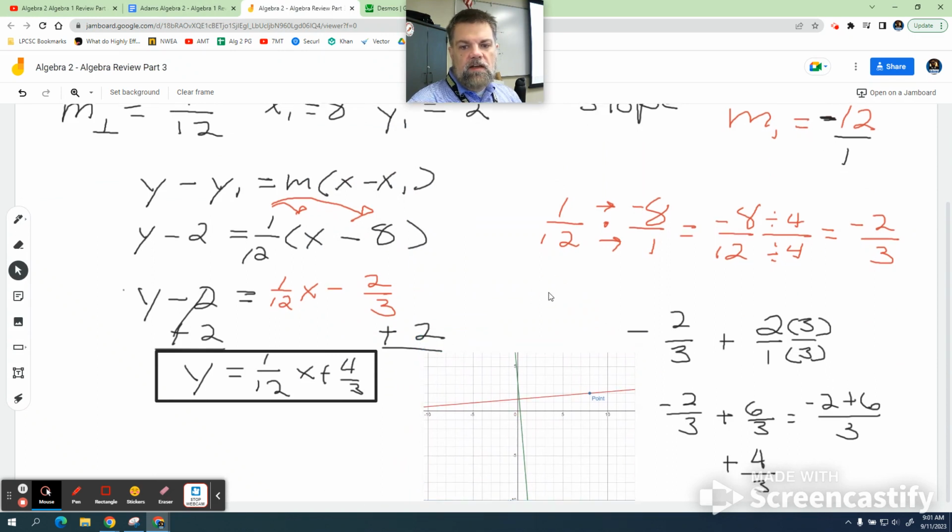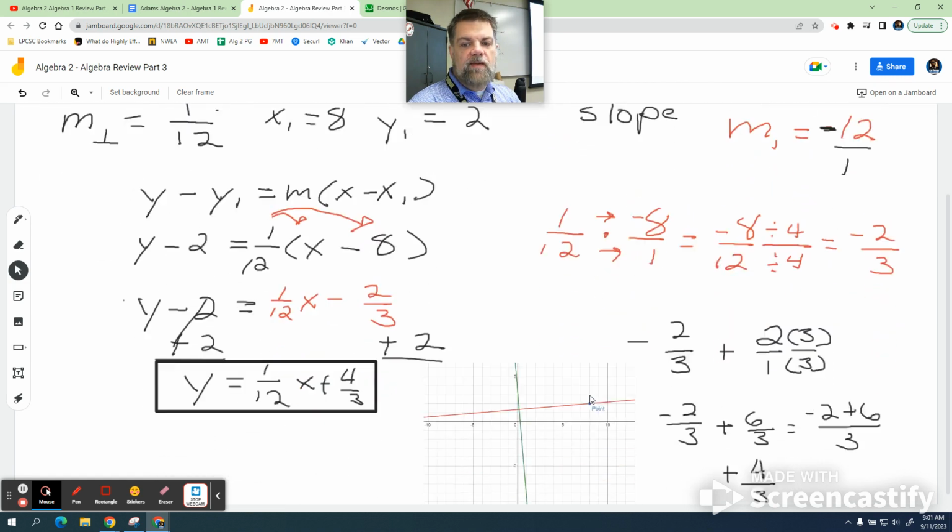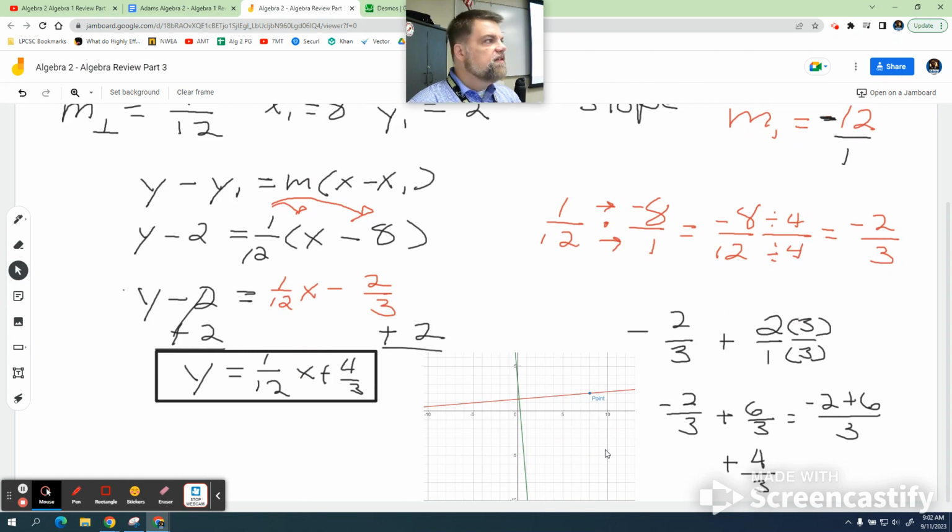Okay. So the red line is the perpendicular line. That sure looks like a 90-degree angle, doesn't it? The red line compared to the green line. It definitely passes through the point 8 comma 2, right? Okay. Are there any questions on that one?